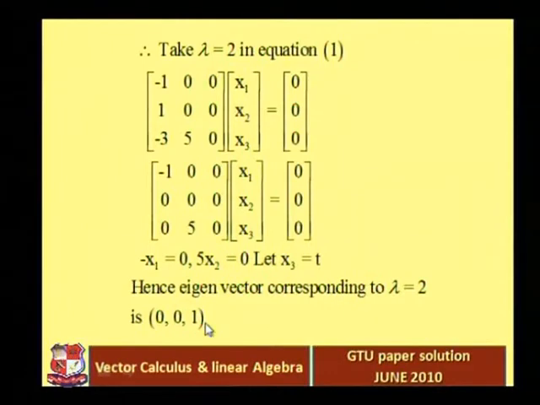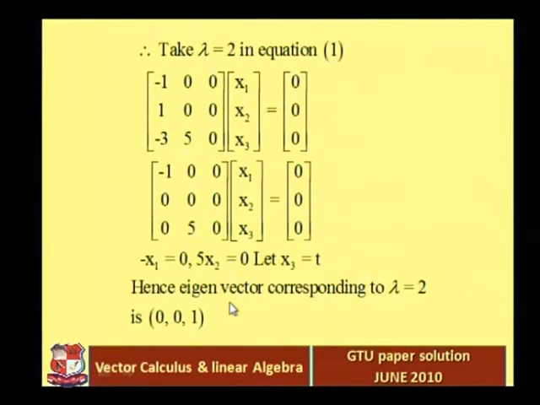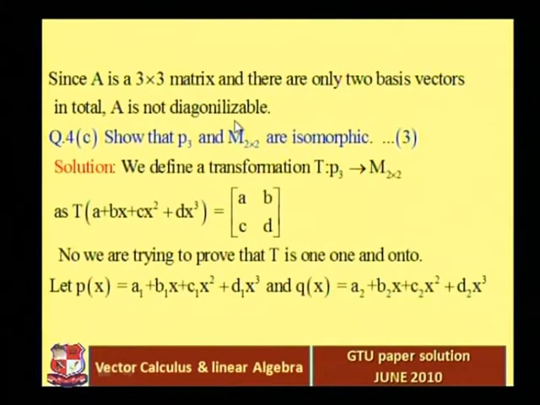So you can say that the geometric multiplicity of eigenvalue 2 is 1, and in this example you get only 2 eigenvectors in total. Since A is a 3 by 3 matrix and there are only 2 basis vectors, A is not diagonalizable. Okay, so up to here we solved this question paper.